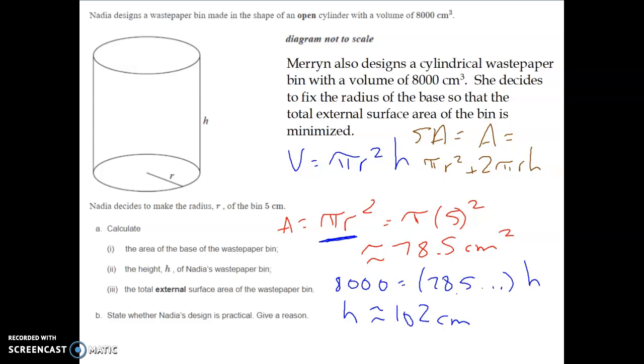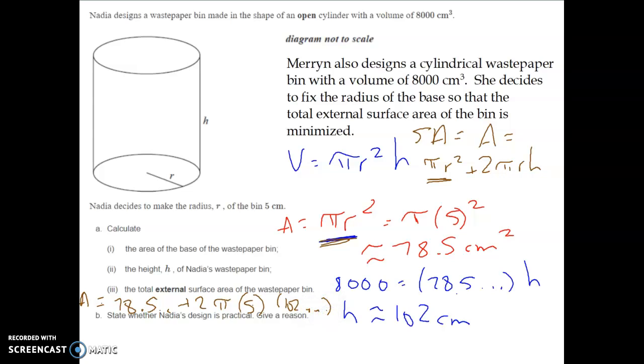So there's my formula for surface area or area, and I'm going to substitute in what I know. So again, this pi r squared and this pi r squared are the same. So I'm going to put that in there using that whole value off my calculator like I'm supposed to. Plus 2 times pi times r, which is given to me to be 5, and then multiplying that by what I just found for the height to be 102, whatever.